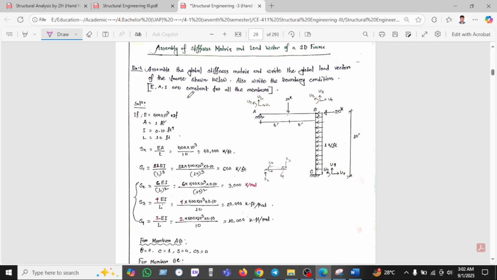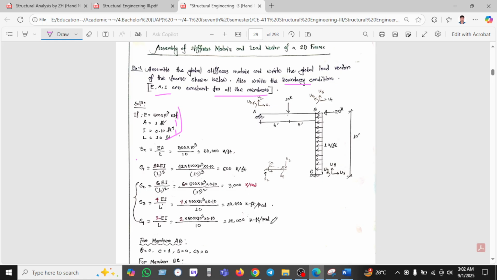Here is the global stiffness matrix and global vector of the frame shown below, and also write the boundary conditions. EA and EI are constant for all members. So it is given.